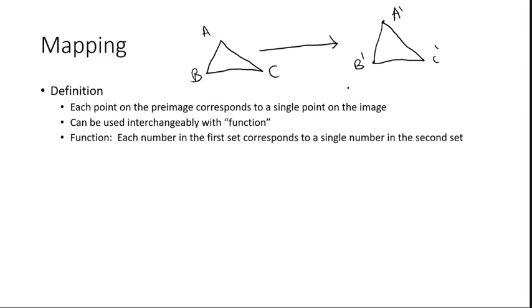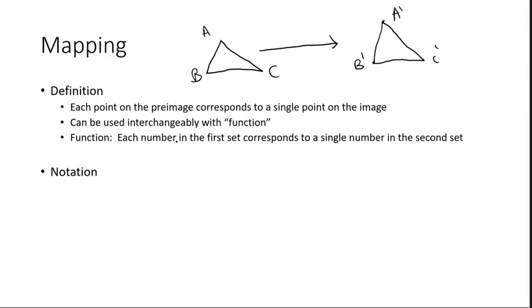And a function is where each number in the first set corresponds to a single number in the second set. Just like a mapping has each point in the first set corresponds to a point in the second set, a function is a number that does the same thing. So you see the similarity between mapping and function.